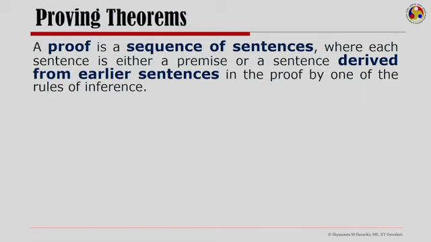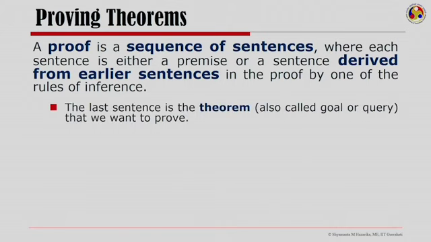So, a proof is a sequence of sentences where each sentence is either a premise or a sentence derived from earlier sentences in the proof by one of the rules of inference. The last statement that I arrive at in a proof is referred to as the theorem, also called the goal or the query that we wanted to prove.